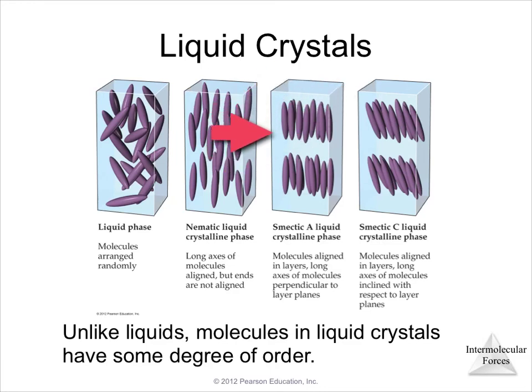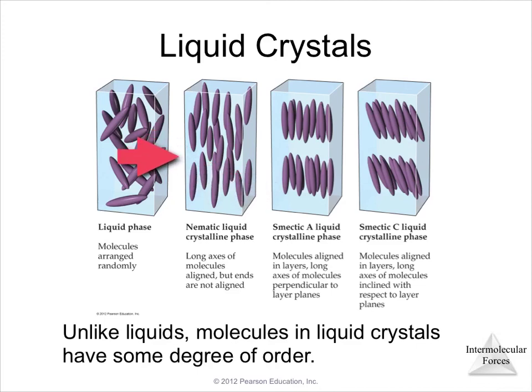I can get a plane here, and then I also have a plane down below. We could also have a smectic C liquid crystalline phase, where the molecules are aligned but at an incline with respect to the layer planes. The only difference between smectic A and smectic C is that smectic C is at some type of incline, and smectic A is really at no incline at all.